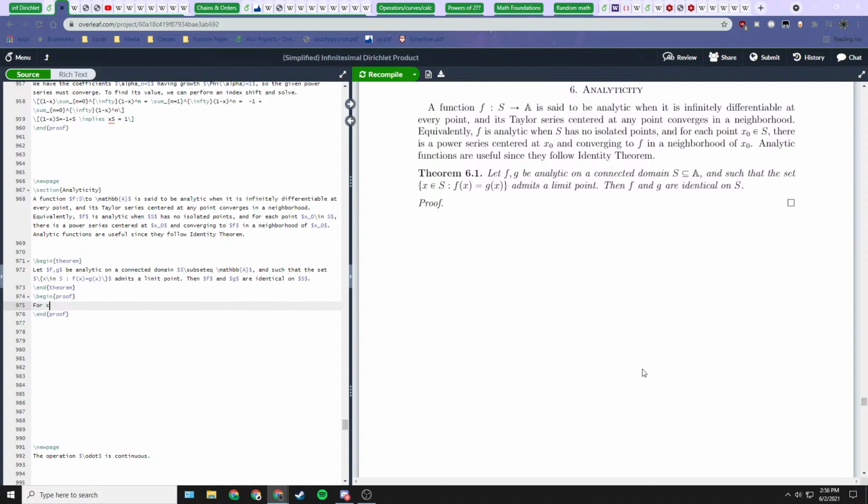So for convenience, let E be equal to the set of x in S such that f of x equals g of x, and by premise, the set of accumulation points E prime subset to E is not empty.